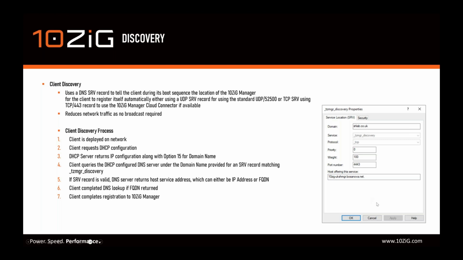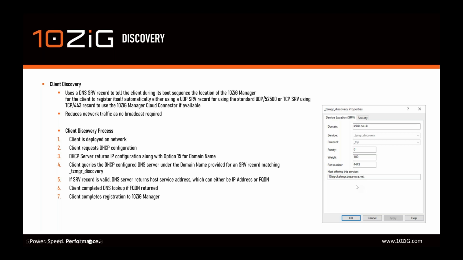To utilize this, you need to have a DNS server, and within that we configure a DNS SRV record. You've got two options here. You can configure a UDP SRV record if you're just using the devices with the standard internal ports, and again that is for port UDP 52500.